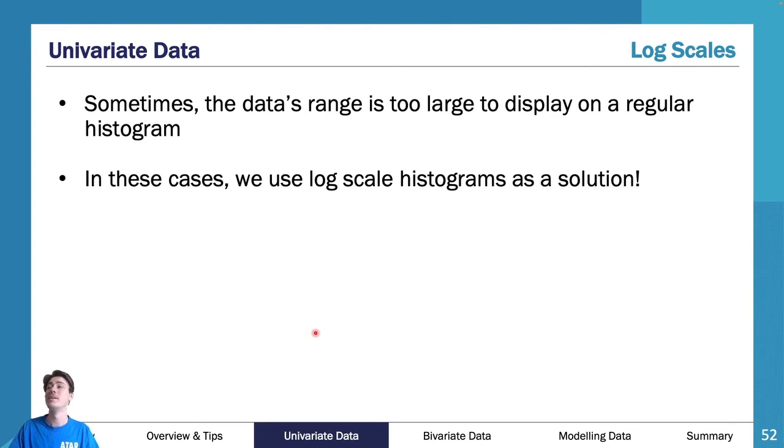Sometimes we have a data range and it's too big. The most common example of this is the populations of the world. You look at somewhere like Samoa, which I think is somewhere around 9,000 or 10,000 people. Even Vatican City, don't ask me how that is a country, is something like 300 people. It's really, really small.